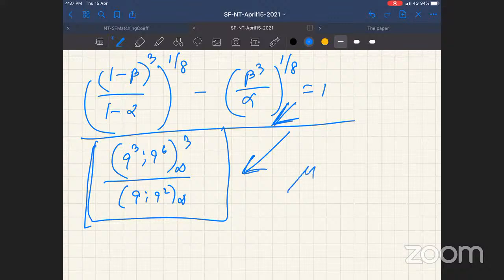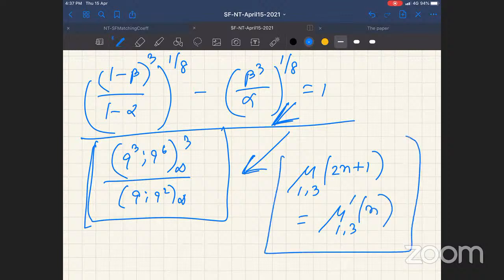For example, if I denote the coefficient of the power series by mu n, then mu of 2n plus 1 is equal to mu sub 1 3 prime n. So from Ramanujan's modular equations, we transcribe these to Q products, and this is the corresponding result for matching coefficients.